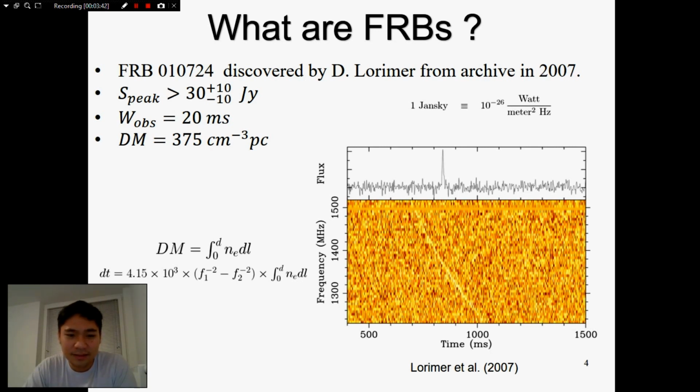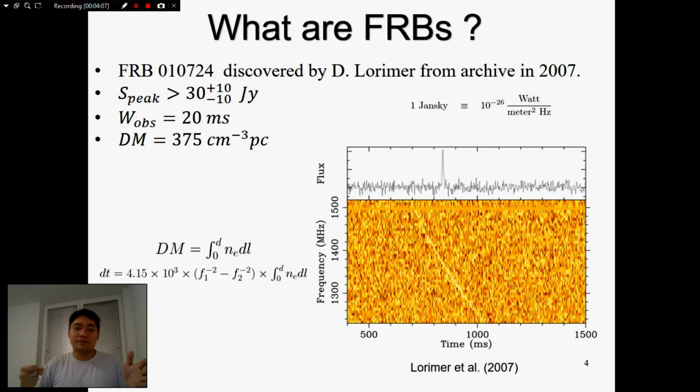The basic definition of DM is written here, where Ne is the electron density and dl is along the line of sight. So you have a source here and the Earth here.